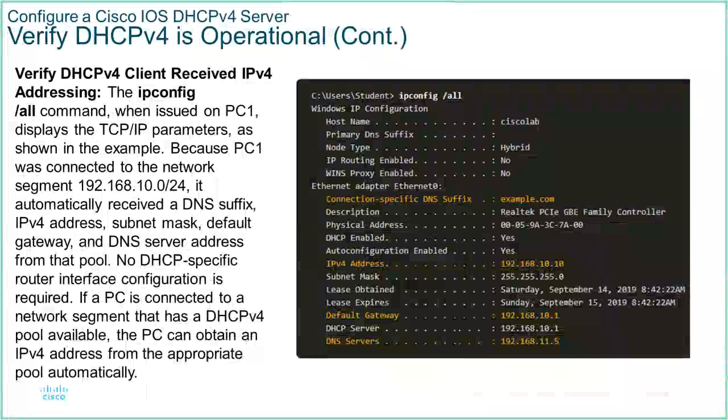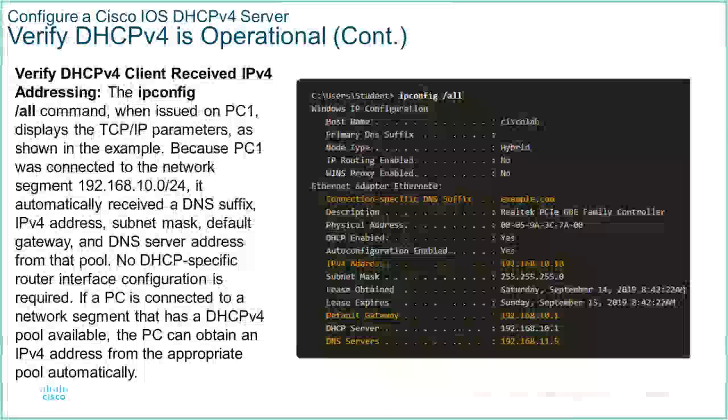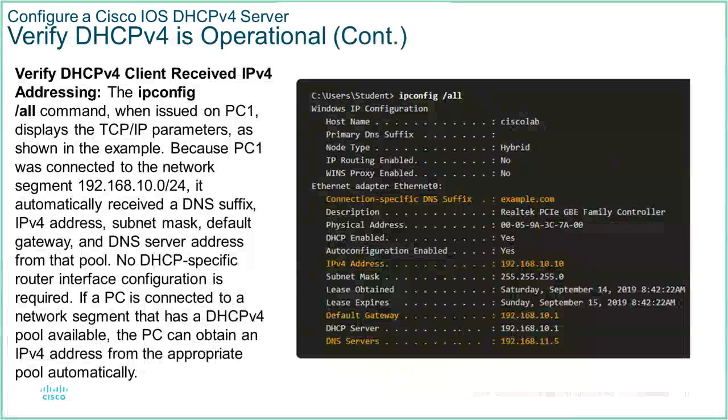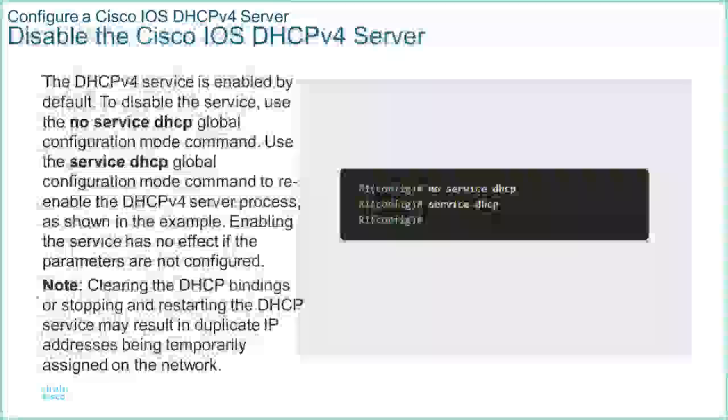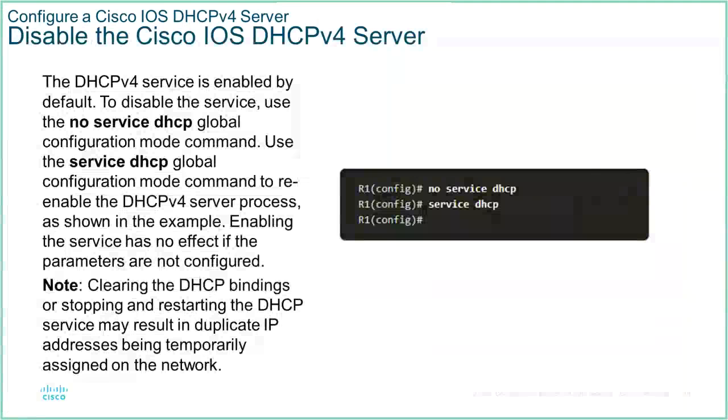So there's our DNS suffix, there's our IP address, our subnet mask, when the lease was obtained, when it will expire, what the default gateway is, where the server is, and where the DNS server is as per our configuration. And as you saw in the topology diagram, we wouldn't be getting any DNS service because we've configured the wrong address.